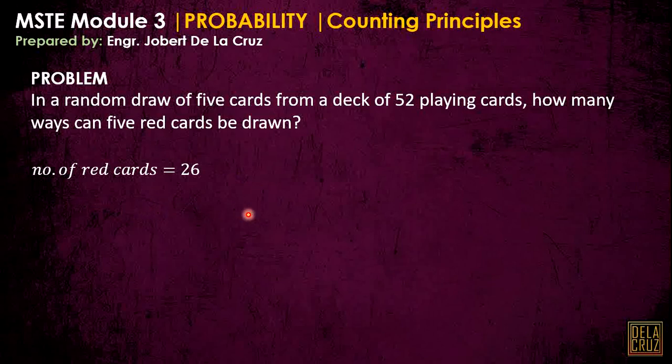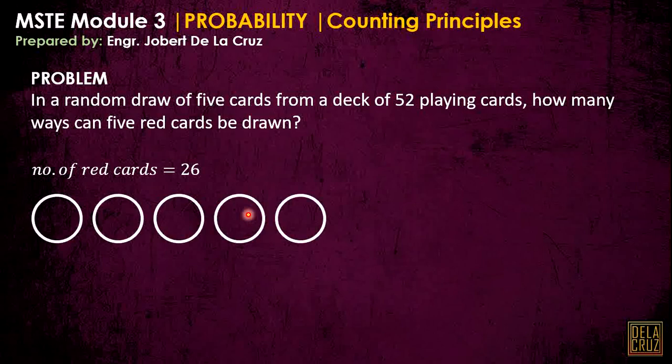Okay, now, ito naman. Ano yung magiging sample spaces natin? Okay, so this will be our sample spaces. Take note, 5 baraha yung kukunin natin. And that sample spaces are all red cards. Okay, so ito na yung magiging hint natin. If this sample space are all red cards, that means identical sila lahat.